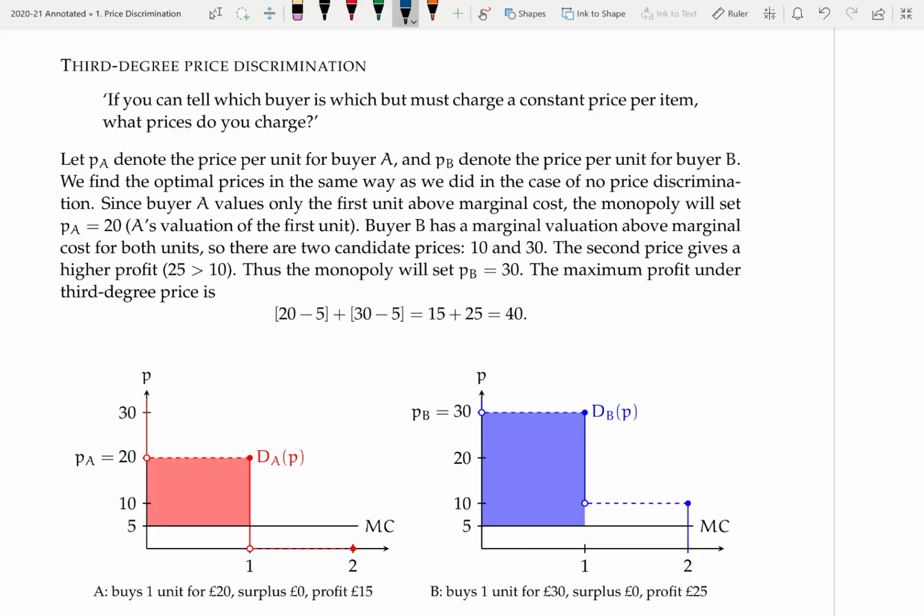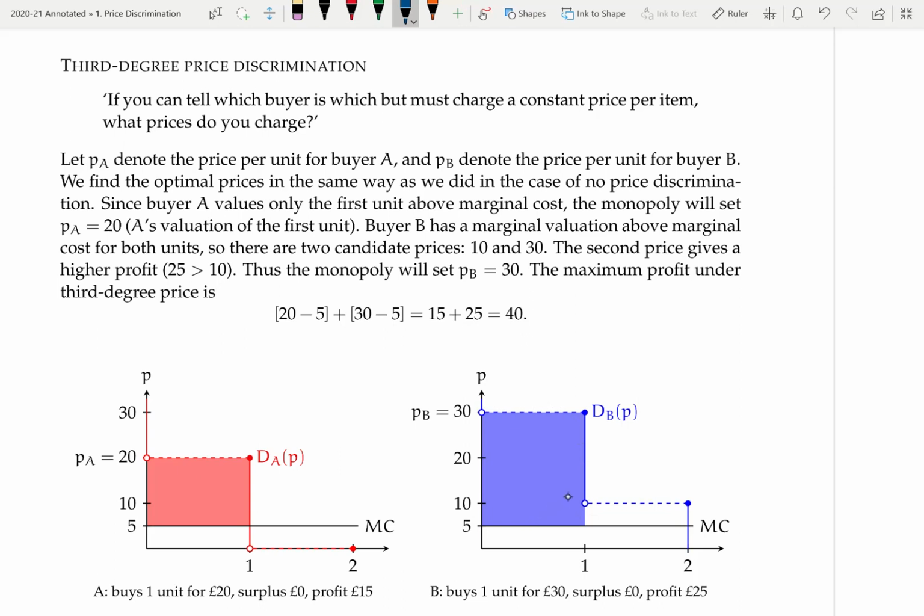So if we look at buyer A, what price should we charge per unit? Looking at the demand curve here on the left, we only want to sell 1 unit to buyer A and we'll sell it to them at 20. Now what about buyer B? Well, we compare the options of selling 1 or 2 units. The profit from selling 1 unit is 30 minus 5, which is 25.